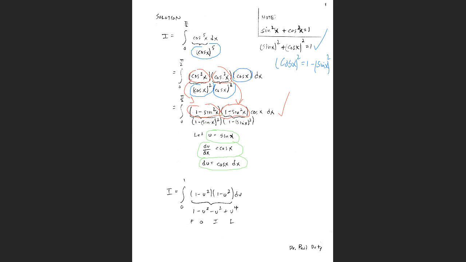So through that substitution we transform the integral with respect to x to an integral with respect to the variable u. Now the limits change, of course. The pi over 2 limit, since u is the sine of x, becomes the sine of pi over 2, which is 1.